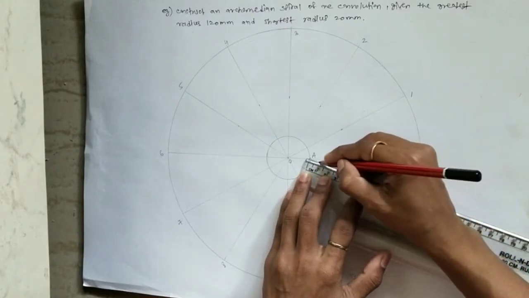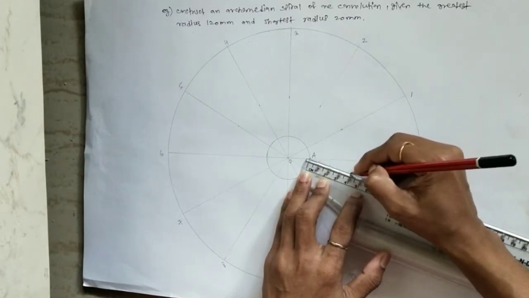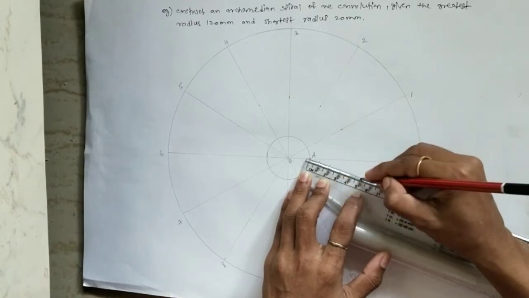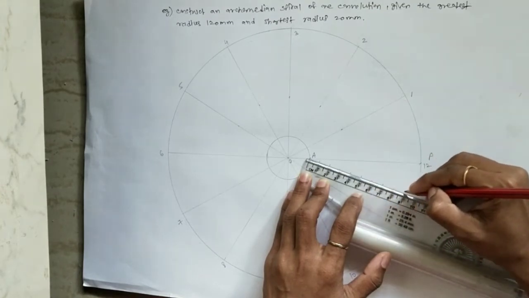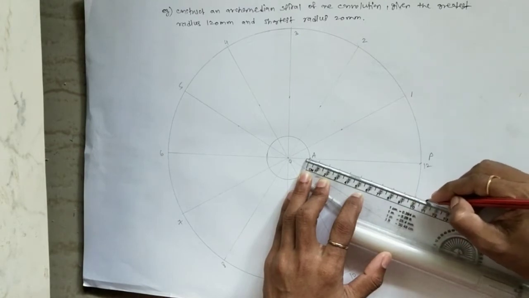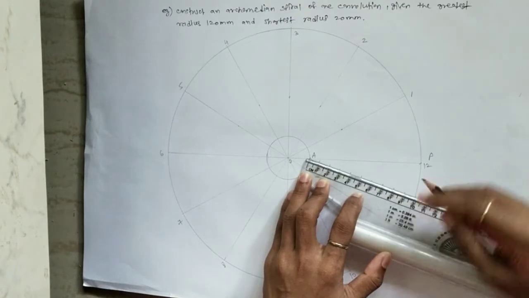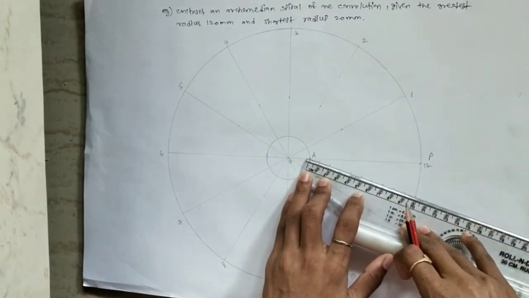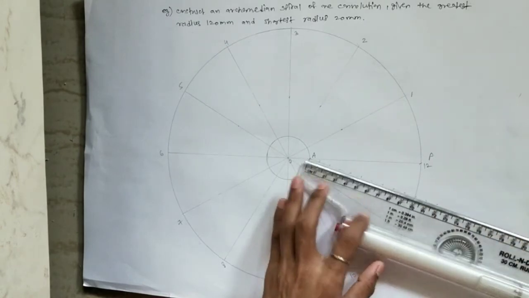So 10, 20, 30, 40, 50, 60, 70, 80, 90, 100, 110 and 120.